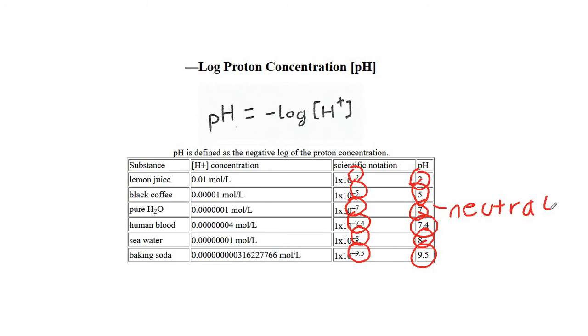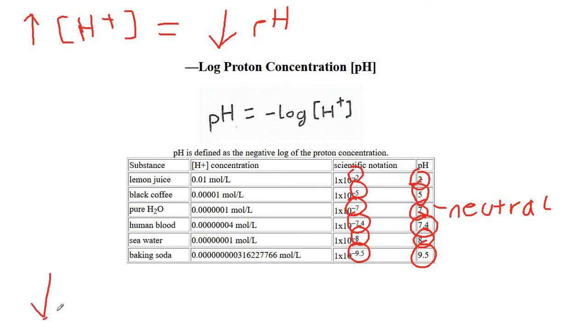And anything with a higher proton concentration or a lower pH, so that's an important thing to remember. The higher the proton concentration, because we're dealing with a negative log here, the lower the pH.